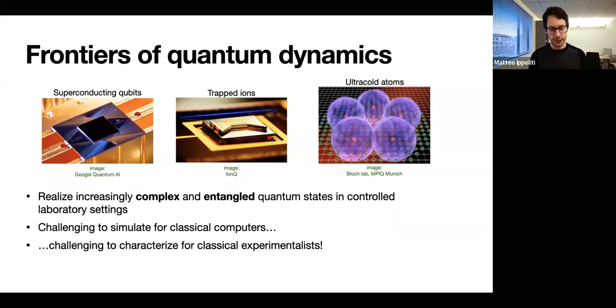On the one hand, for theorists and for classical computation, you might certainly have seen the random circuit sampling experiment by Google, for example, whose whole point was that you're preparing a quantum state that is inherently difficult to describe classically. And so that challenges the boundaries of classical simulations. On the other hand, preparing these kinds of complex states is also challenging for experimentalists.